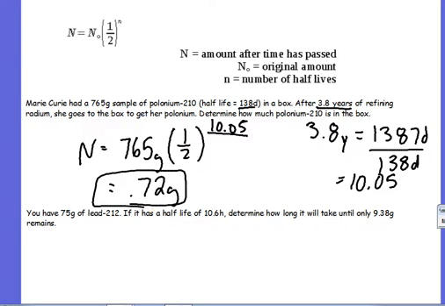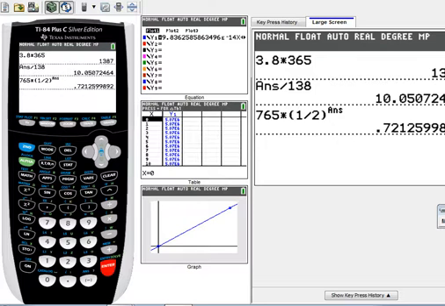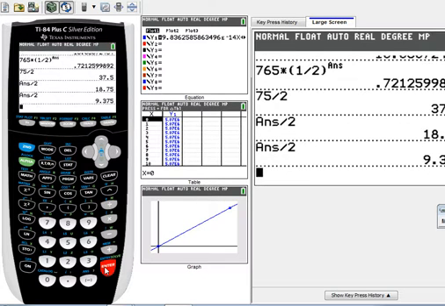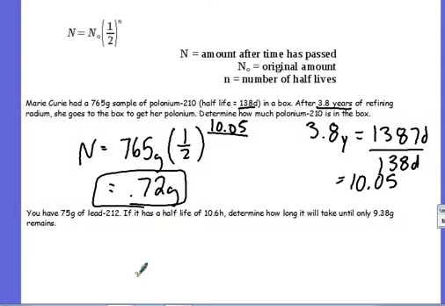Well, I can use my calculator, and just understanding that a half-life is the time it takes for a sample to divide in two, well, after one half-life, I'm going to have 37.5 grams remaining. After two half-lives, there's going to be 18.75 grams of sample remaining. And after three half-lives, I'm going to have 9.38 grams. So that's 3 half-lives to go from 75 grams to 9.38 grams.